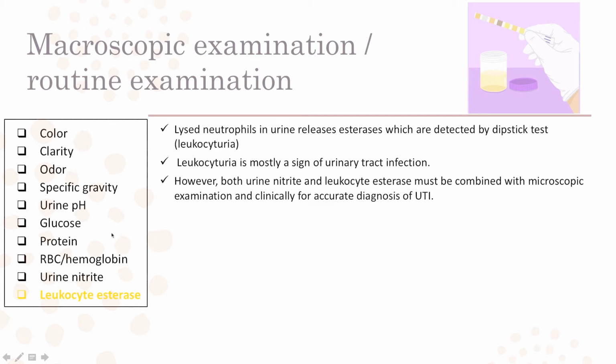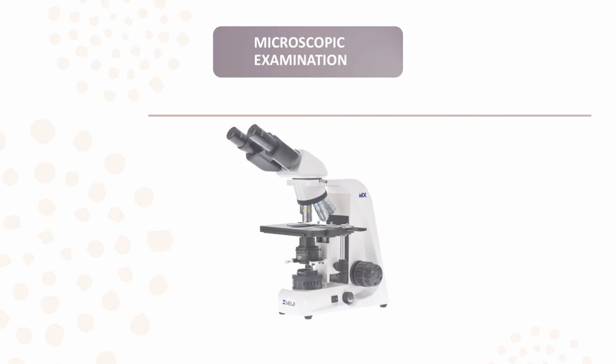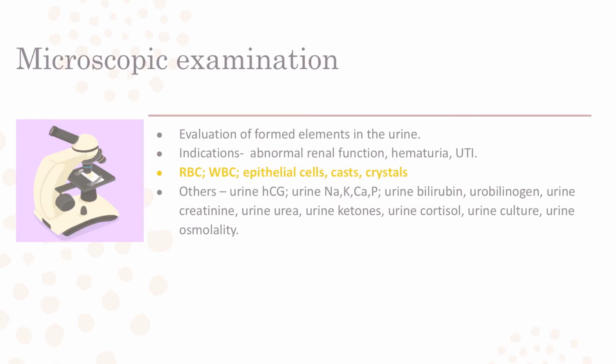Right, all of these tests, if protein, hemoglobin, urine nitrite, leukocyte esterase, glucose, come positive through the dipstick test, we further evaluate them through microscopic examination, that means under the microscope. Under the microscope, we take a drop of urine and observe it at 400 magnification, and the area of the microscope which is seen with one focus is called the high power field.